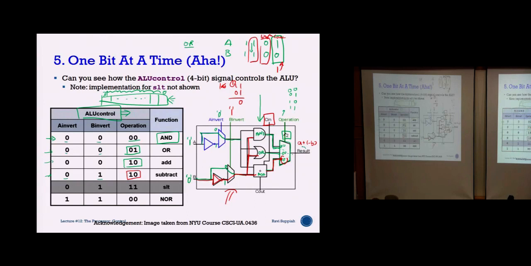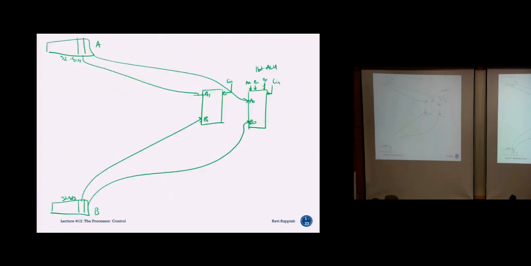It generates 2 outputs. One is the result, and the other is your carry out. That means at the output side, I have Y0, Y1, and my C out.